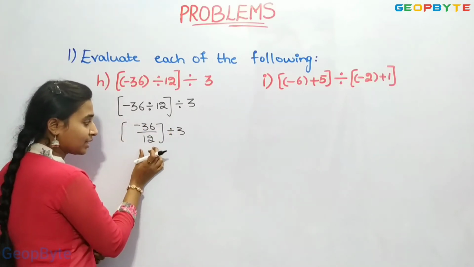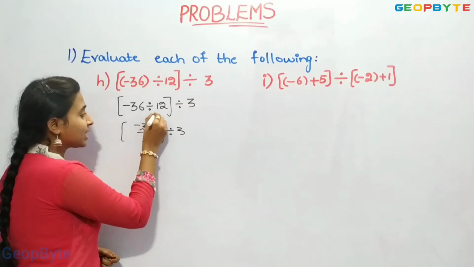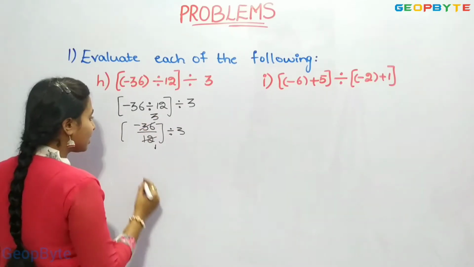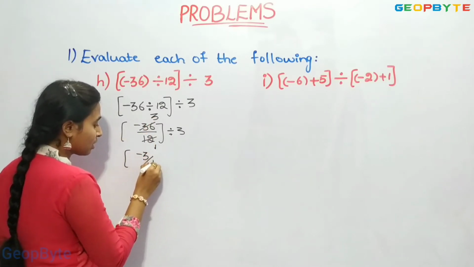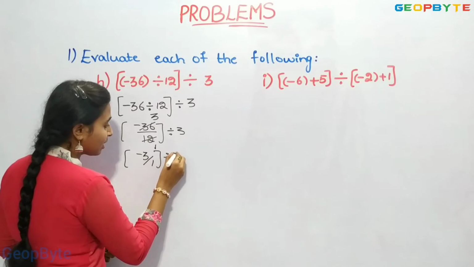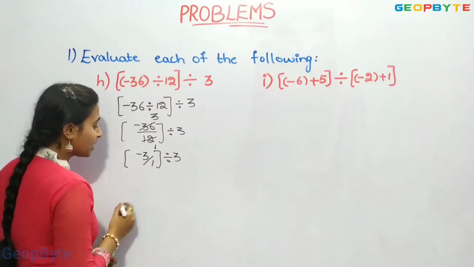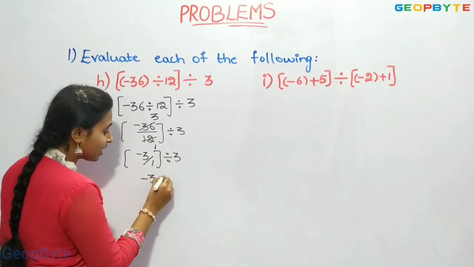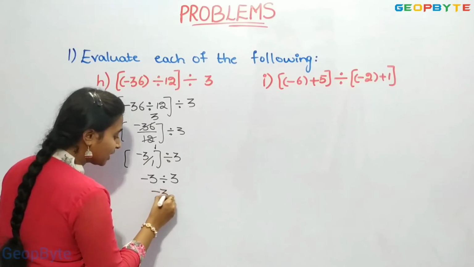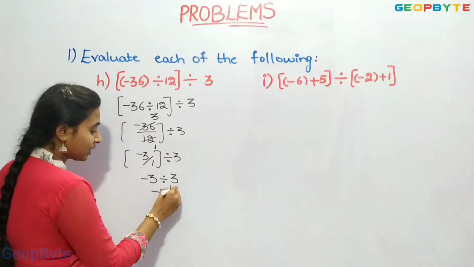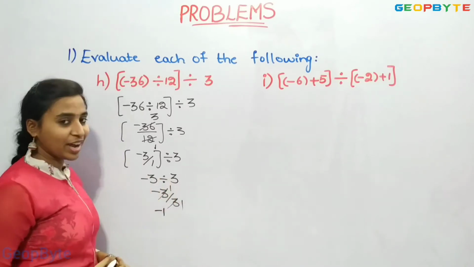Now, 12 ones are 12, 12 threes are 36. Right? Now, we have minus 3 by 1 divided by 3. Now, 3 by 1 is 3. We have a minus sign, that is minus 3 divided by 3. We can write this as minus 3 by 3, that is 3 ones, minus 1 by 1 is minus 1.